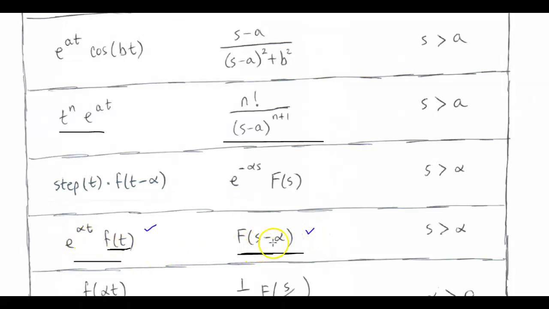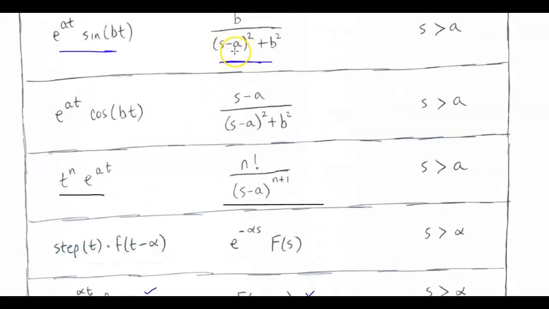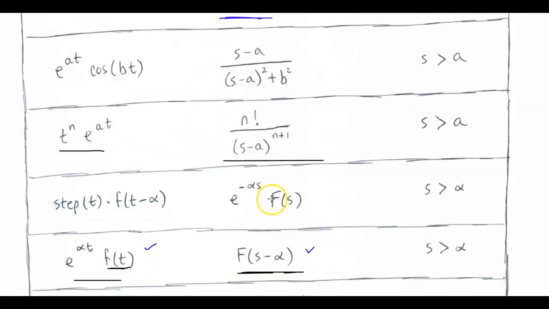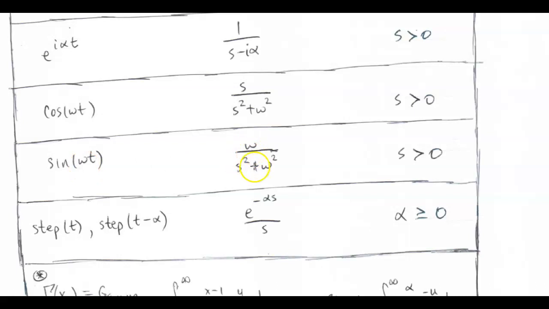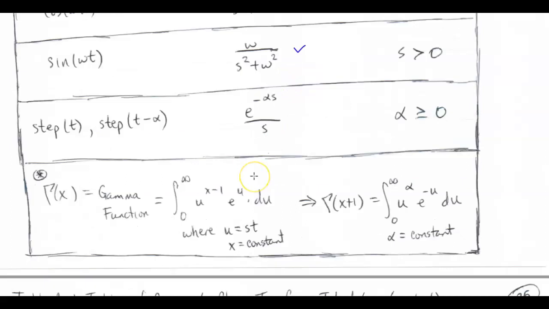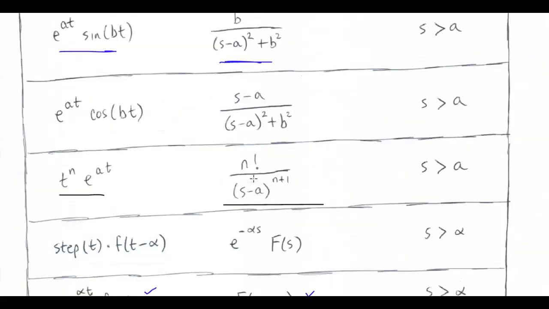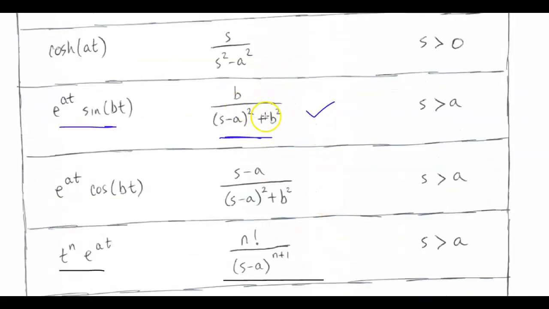And of course, we see that we have that horizontal shift in the s domain. So that's what gives you this s minus a here. And the Laplace transform of f of t, which in this case is sine of 3t, if we go back here, just looks like this. So we can see how this identity works with this identity to give us this identity here.